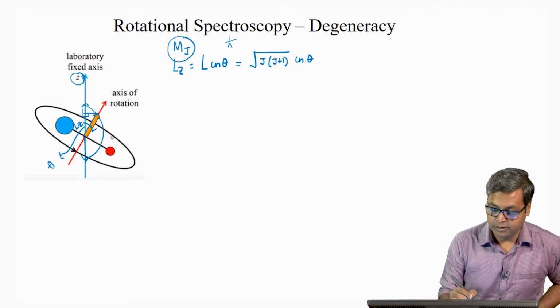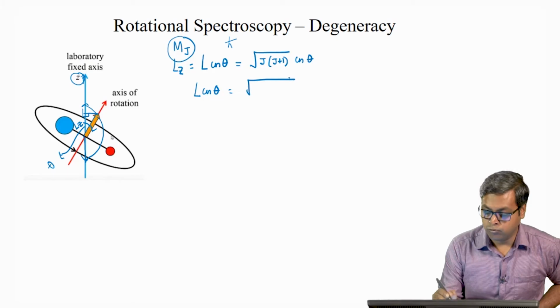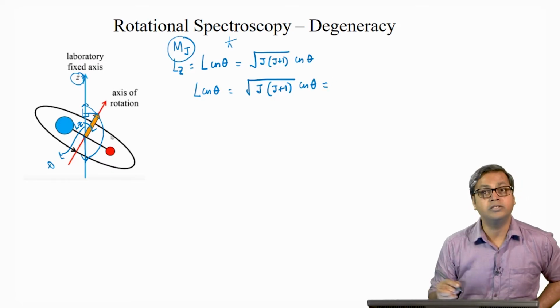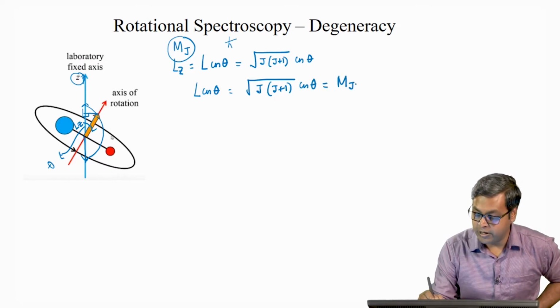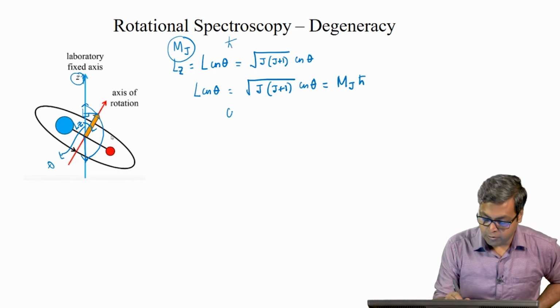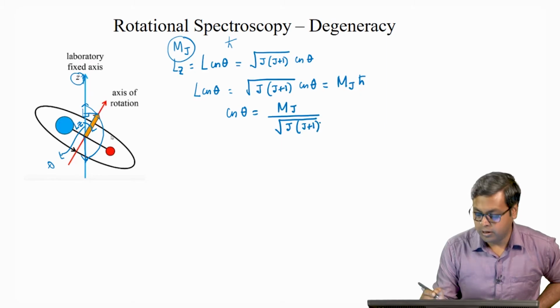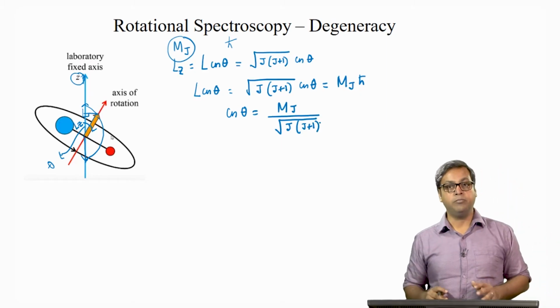So, we can write L cos theta equals root over j times (j plus 1) cos theta equals m_j h cross. And in other words, we can write cos theta equals m_j divided by root over j times (j plus 1) in quantized angular momentum units.